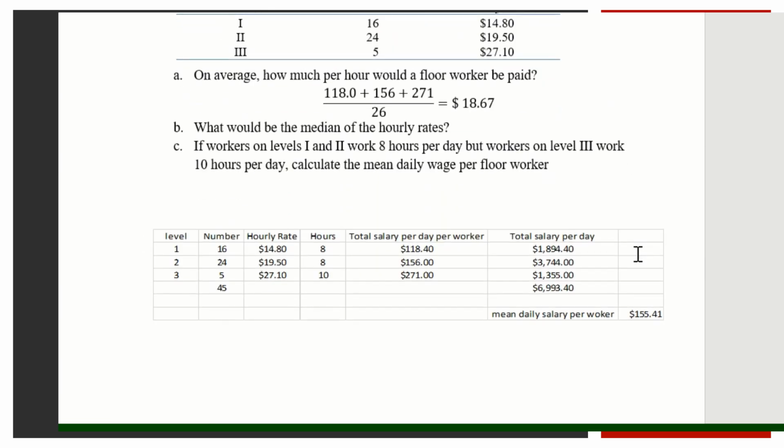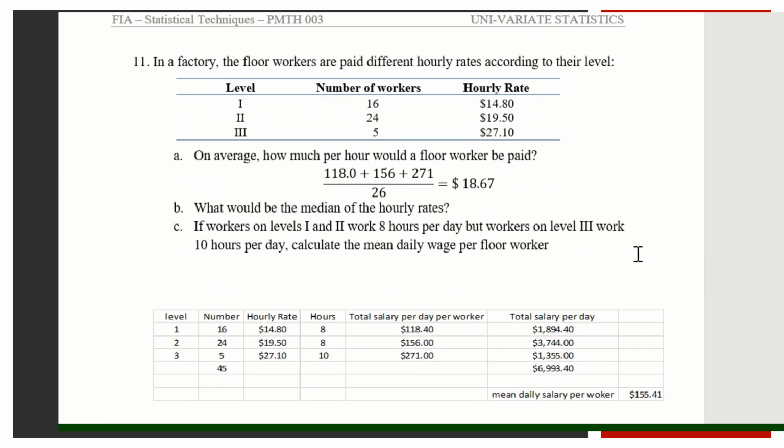Okay, last one here, they've already given you a table. On average, how much per hour would each worker be paid? So you find the total salary first here. Okay, so you can see I've actually made the table a little bigger for you. So you got number and hourly rate. I've increased here the 8 hours, which is from this part actually.